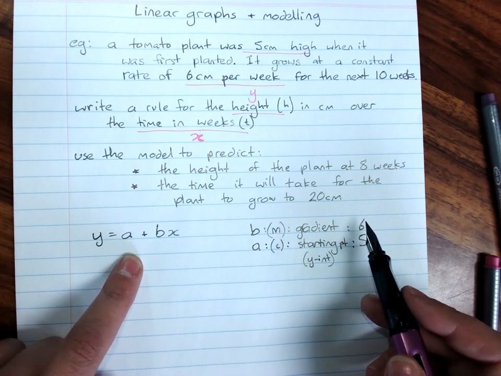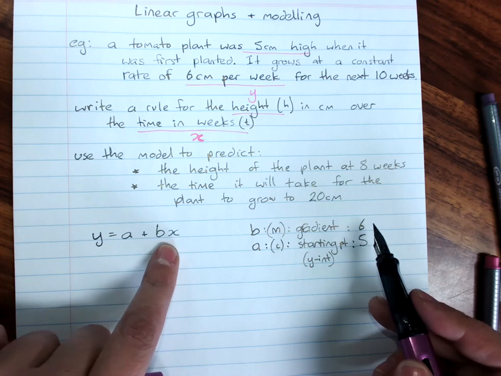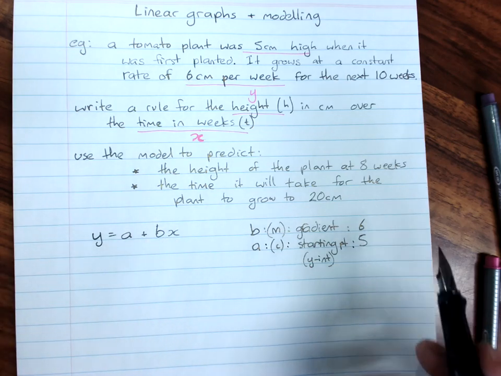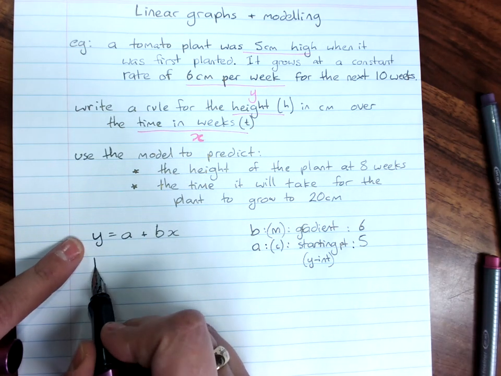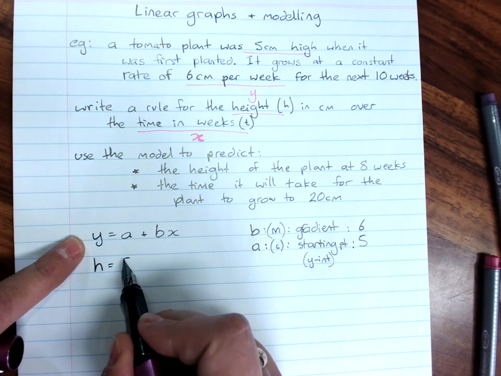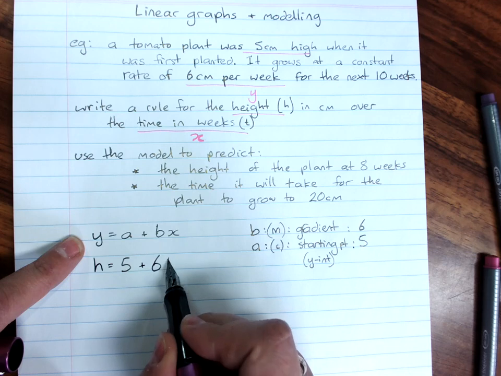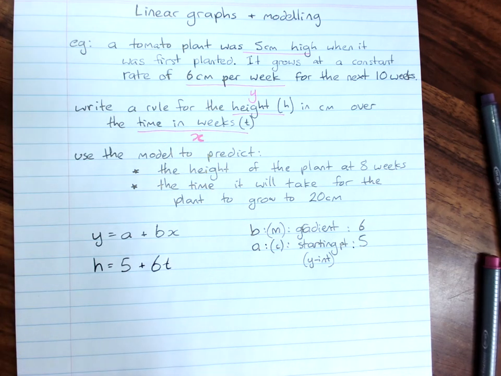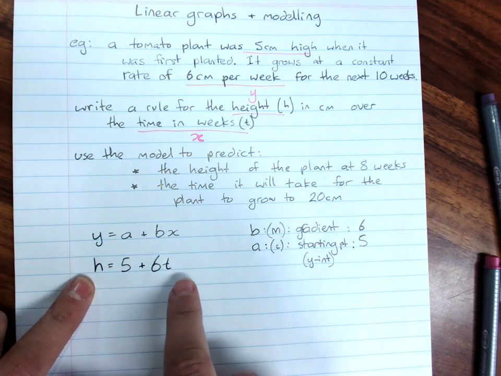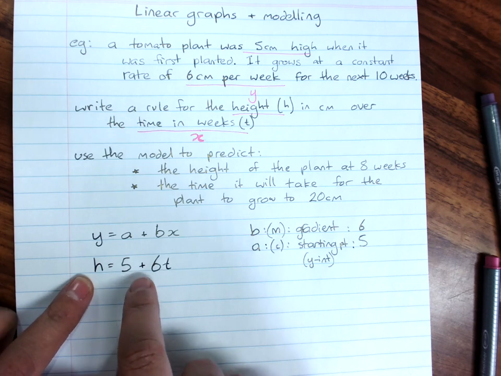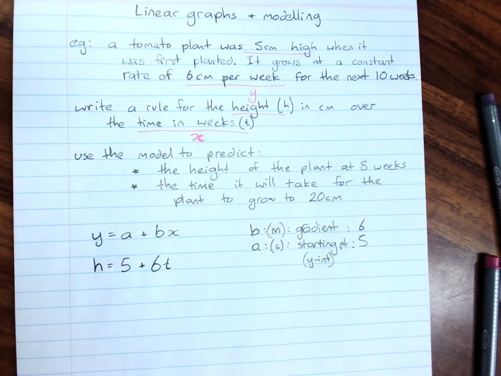Then we have to substitute everything into here, and we're going to change y and x as well, because y is actually our height. We start at 5 centimetres plus 6 times the time in weeks. So the rule for the height given time is 5 plus 6 centimetres per week.